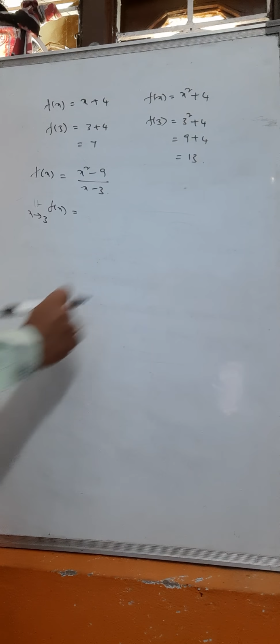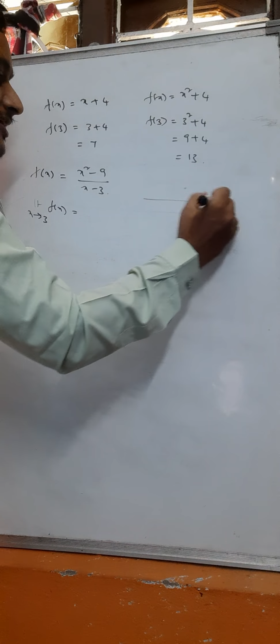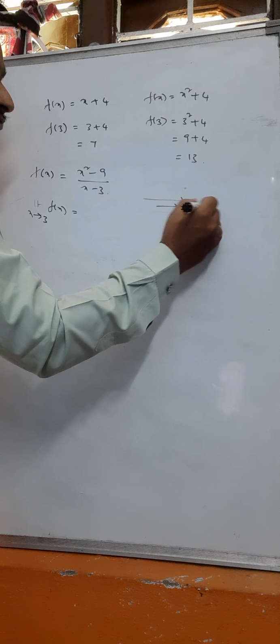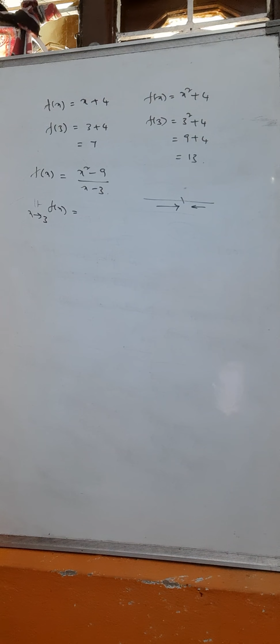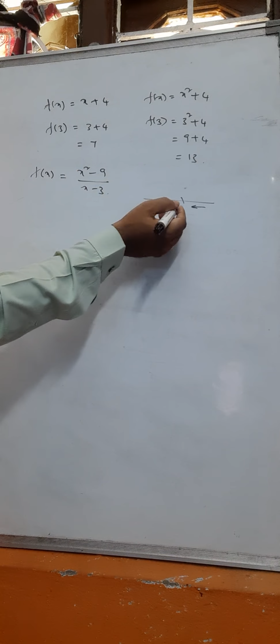We are unable to find f of 3, but we are able to find the nearest value, x approaches 3. X approaches 3 means it approaches from left side as well as from right side.